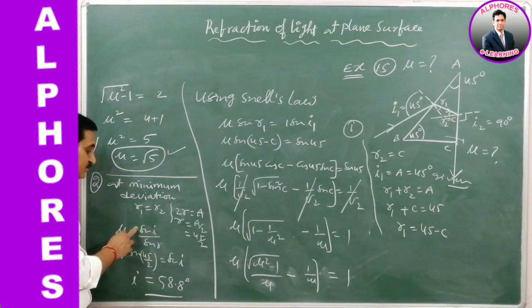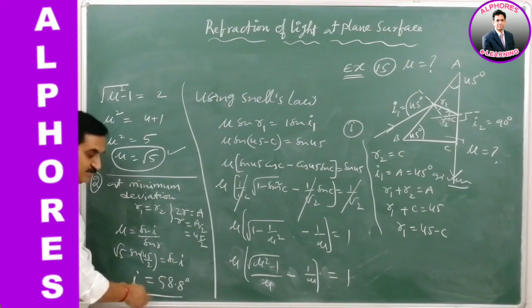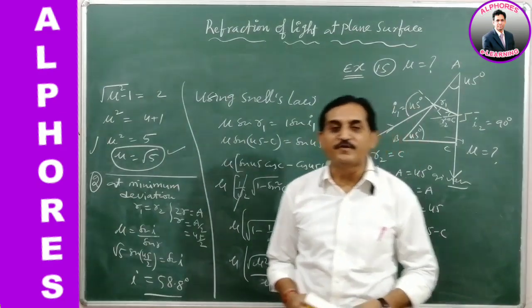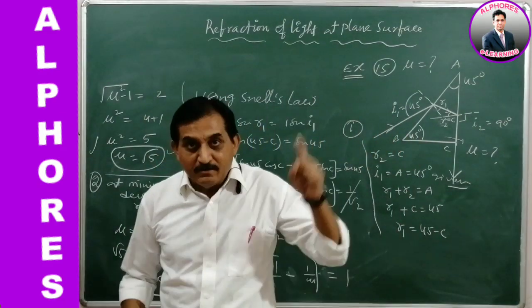Now mu is equal to sin i by sin R. Now root 5 is equal to sin i by sin 45 by 2. Simplifying this, i is equal to 58.8 degree. This is the angle of incidence for which the deviation suffered by the light will definitely be minimum.